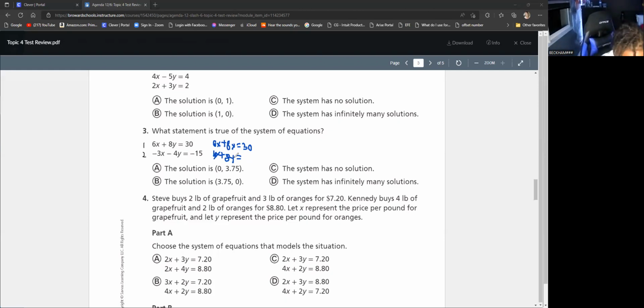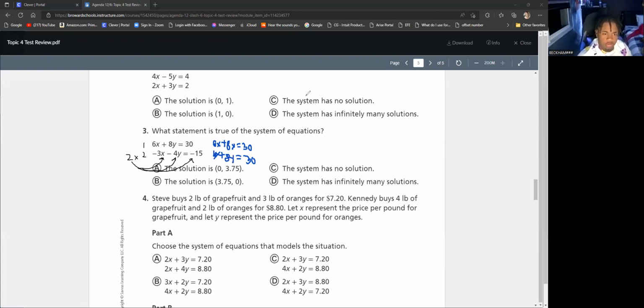6x. Okay, so what are you multiplying the second one by? 2 times 2, right? So watch the sign. Careful with your signs. Make sure your signs are right. See the 2 right here? You're multiplying by this, and by this. So check your signs.